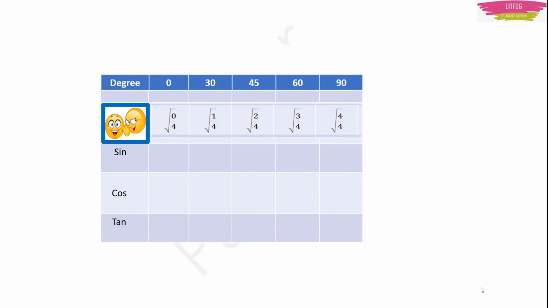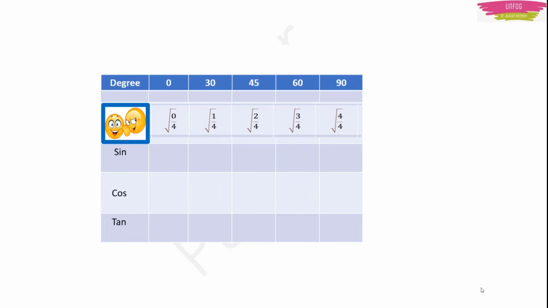It is easy, right? Just you have to write 0, 1, 2, 3, 4 and then you write denominator as 4. Then you put square root for all that. I will tell once again. First you write numbers 0, 1, 2, 3, 4. Then you write divided by 4 for all. Then you take square root of them.